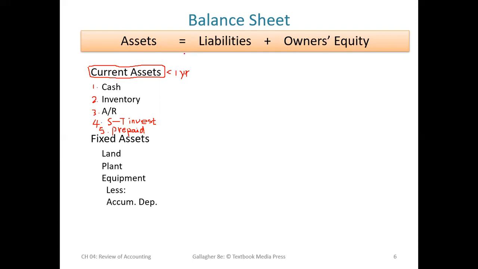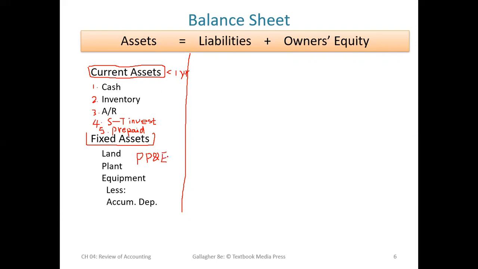Other than the current asset, you have a fixed asset. The fixed asset part we call land, plant, equipment, so we usually use property, plant, and equipment.